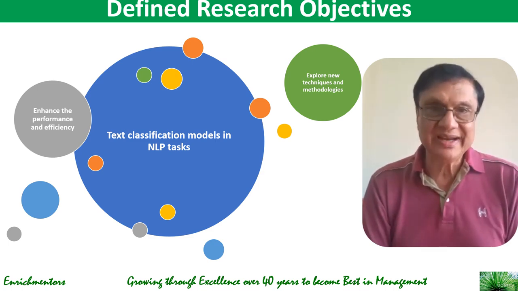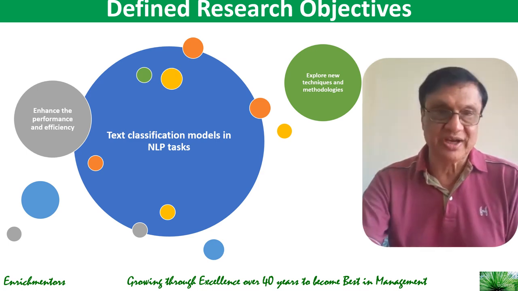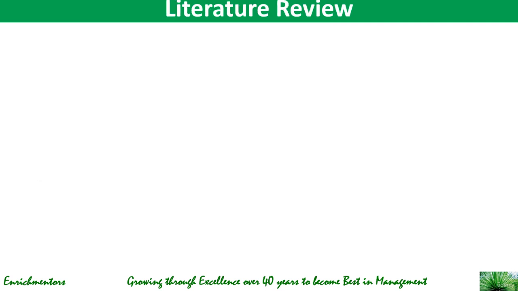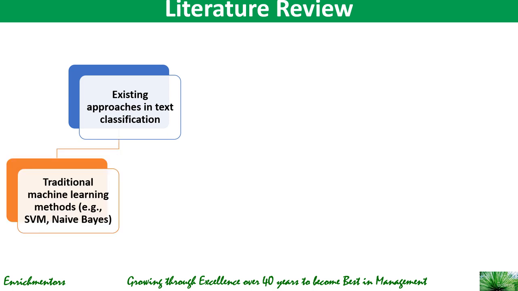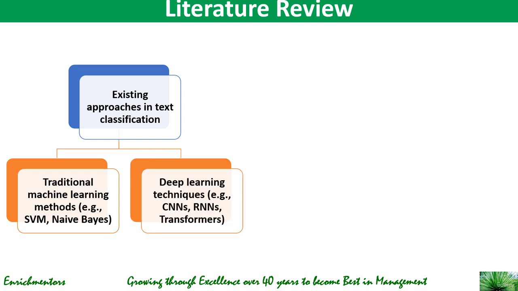So that was defined as the research objective. Then they conducted a literature survey to understand the existing approaches in text classification, which included traditional machine learning methods like SVM and naive Bayes, and deep learning techniques like CNN, RNN, and transformers.